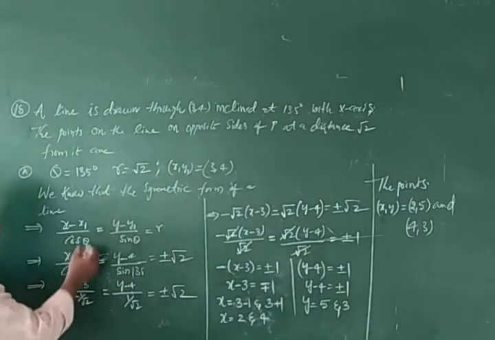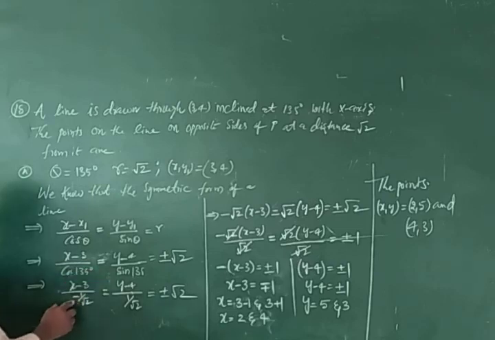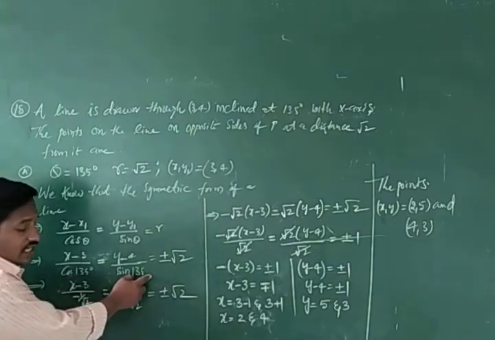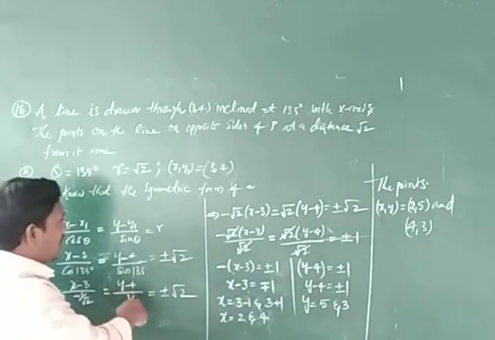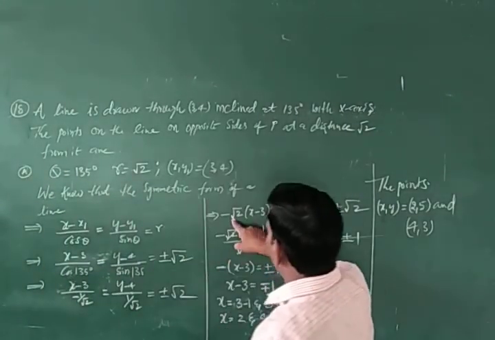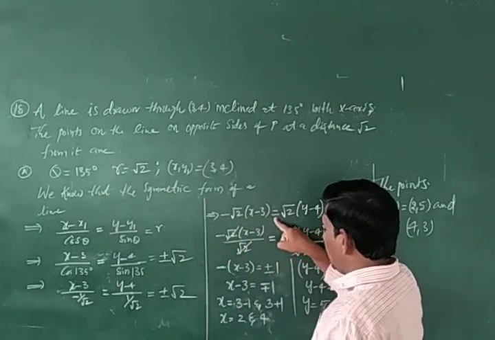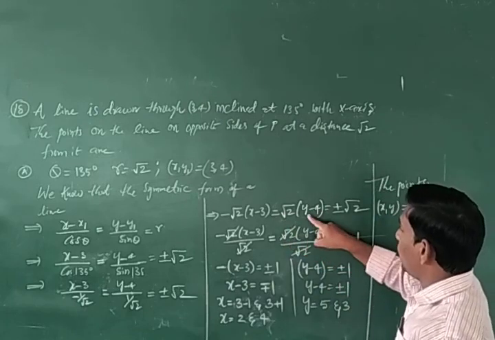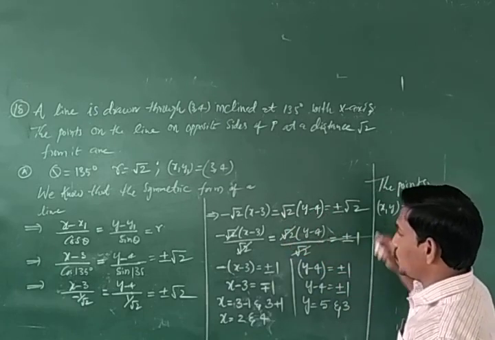Right, the symmetric form: (x minus 3) by cos 135, with cos 135 value minus 1 by root 2 and sin 135 value 1 by root 2. So by the transposition, minus root 2 into (x minus 3) equal to root 2 into (y minus 4) equal to plus or minus root 2.